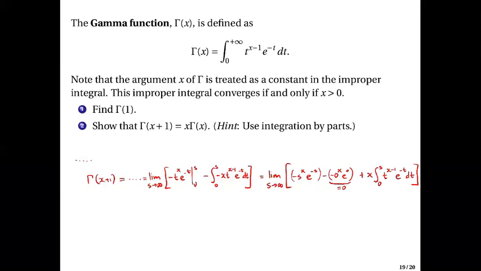But you see, this guy here is just s with an exponent which is a positive number. If you bring it to the denominator, you have the exponential. But exponential grows faster than this guy here.